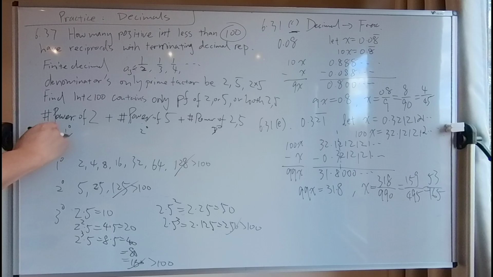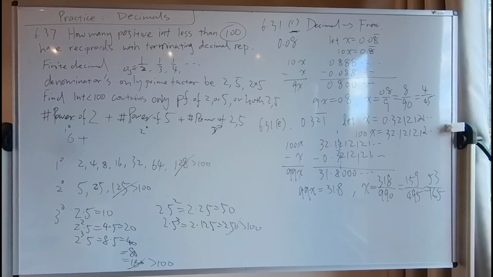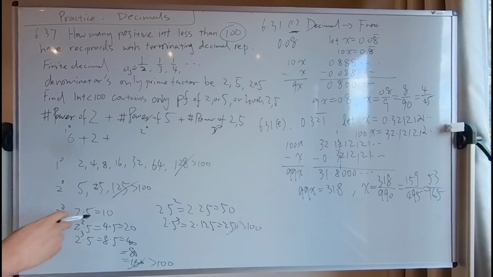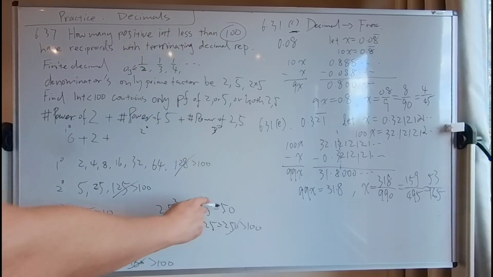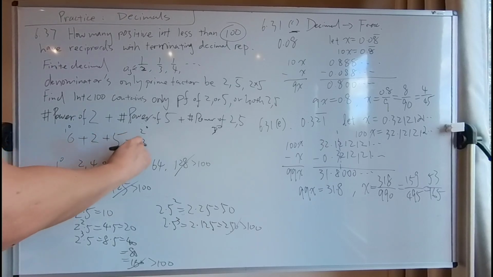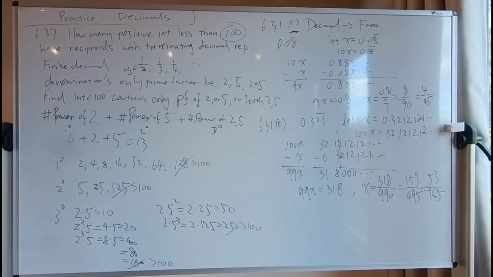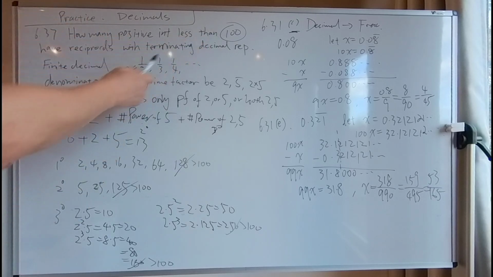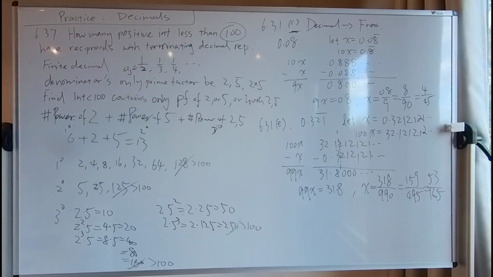I have 6 numbers in scenario number 1. I have 2 here. I have 1, 2, 3, 4, 5 in scenario number 3. So altogether I have 13 such integers less than 100 whose reciprocals are terminating decimals, finite decimals.